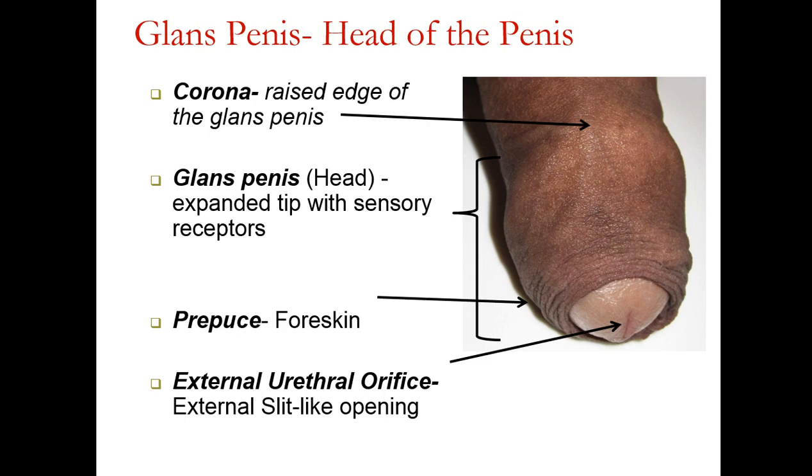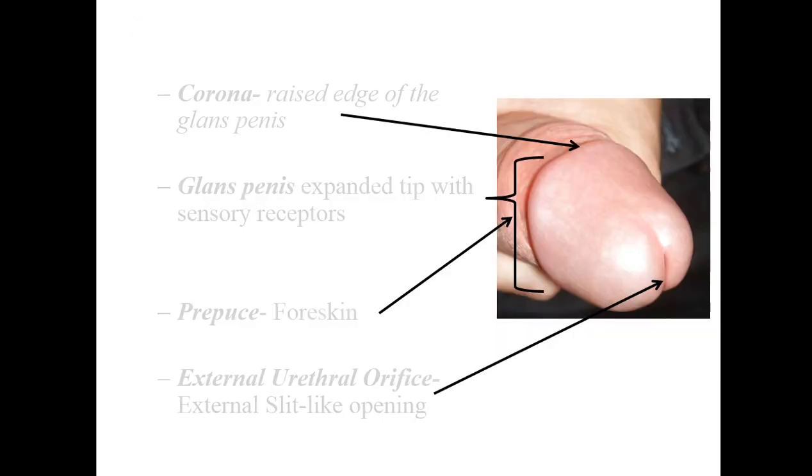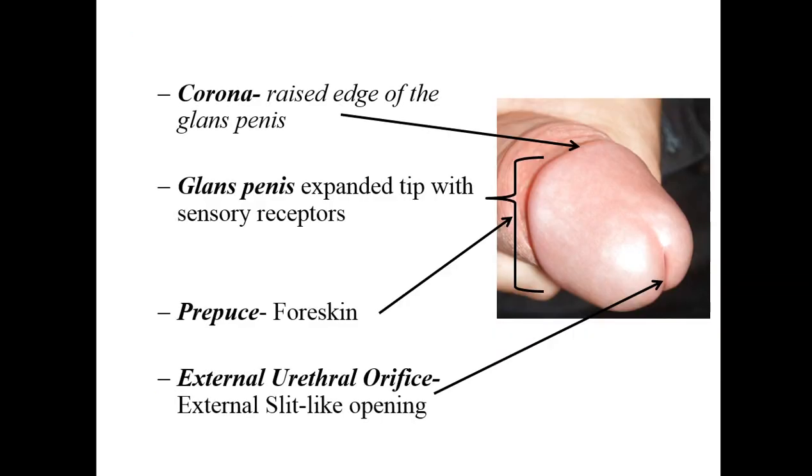And then the opening is the external urethral orifice, this little slit-like opening for both semen and urine. Another picture, this time with the prepuce pulled back so we can see exactly what the corona is. Let's keep going.